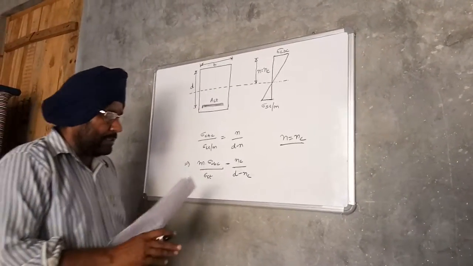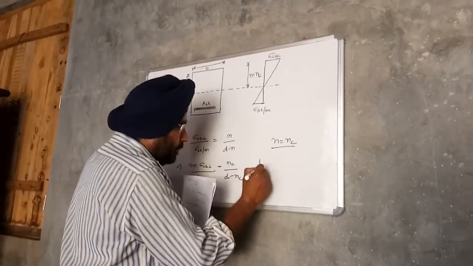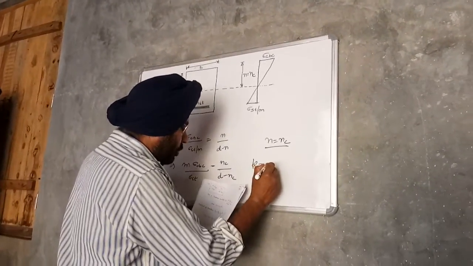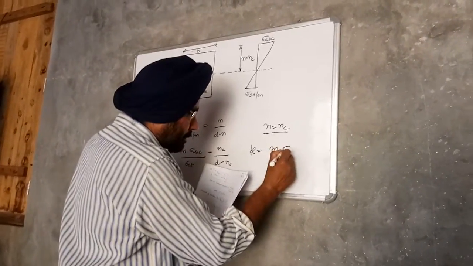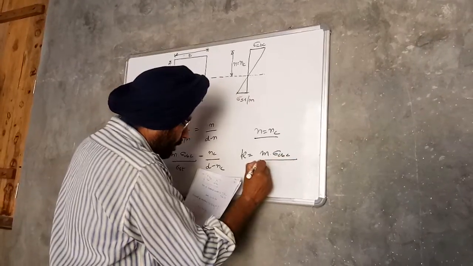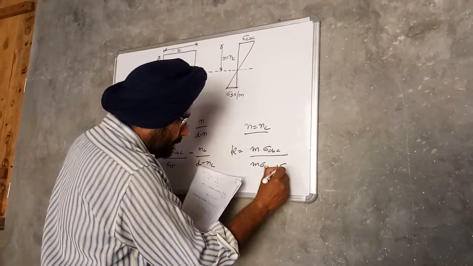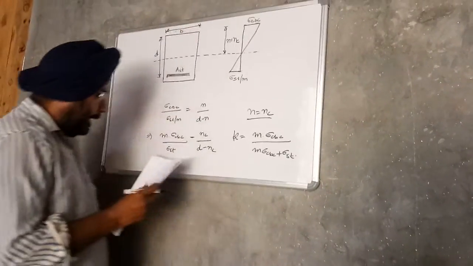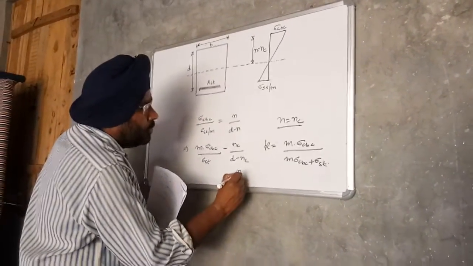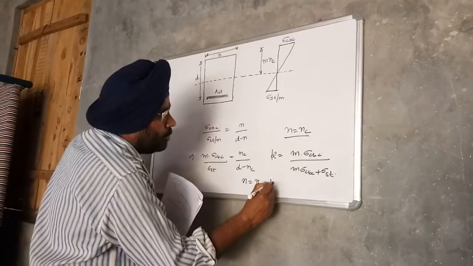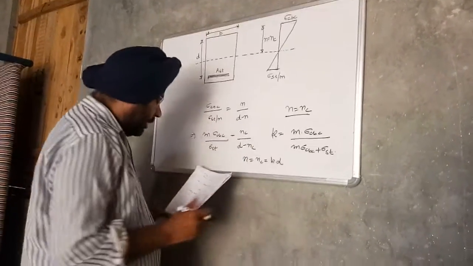So for the balanced section, k, the neutral axis factor, is equal to m sigma CBC upon m sigma CBC plus sigma ST, and N is equal to NC, so this is equal to kd, k being the neutral axis factor.